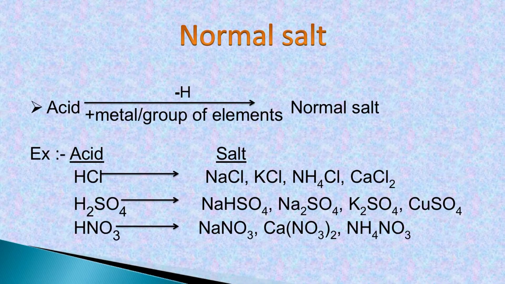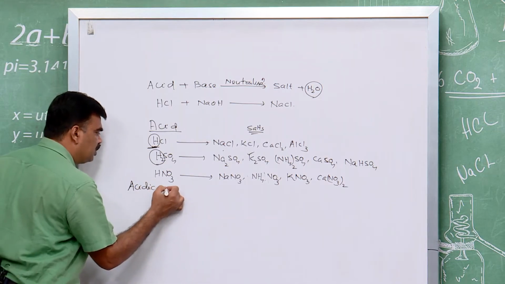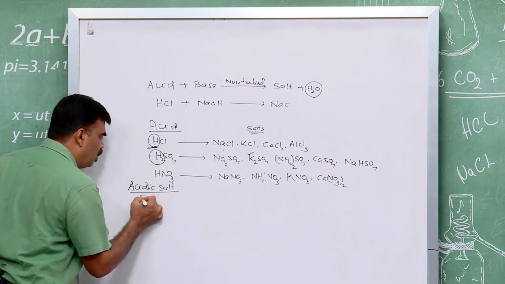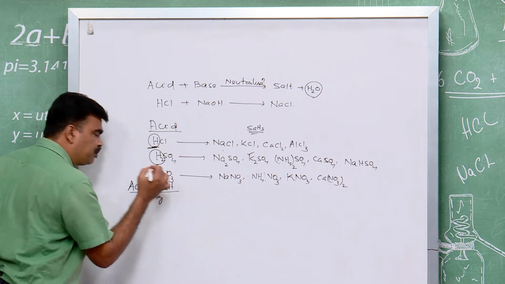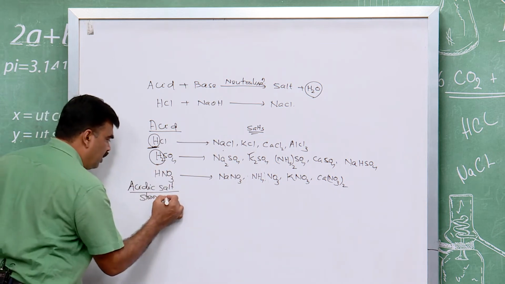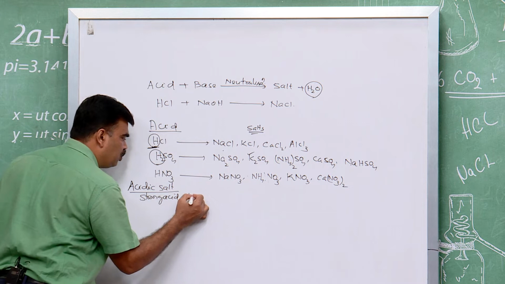The normal salts are of three types. It can be acidic salt, basic salt, or neutral salt. Acidic salt means the salts produced from a strong acid plus a weak base.